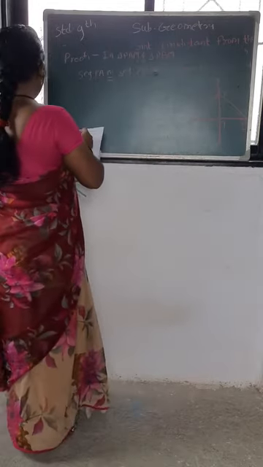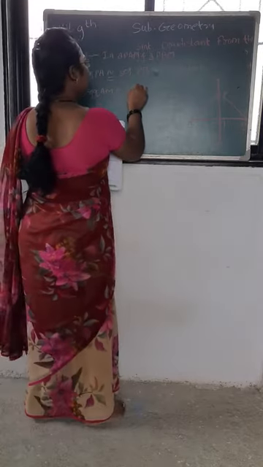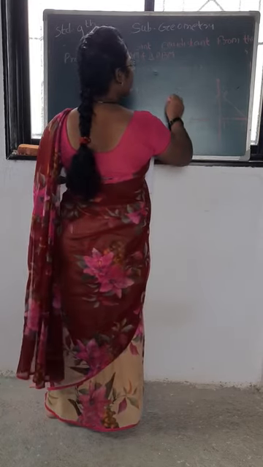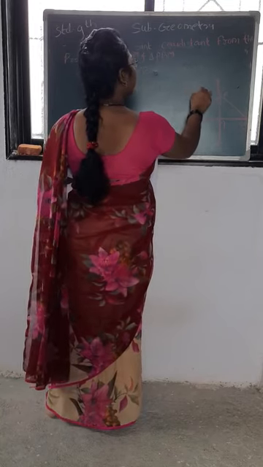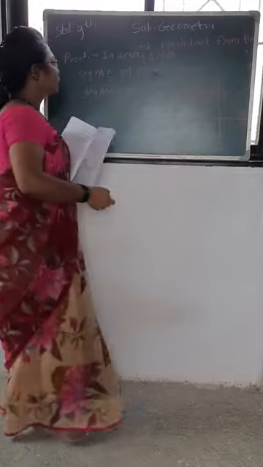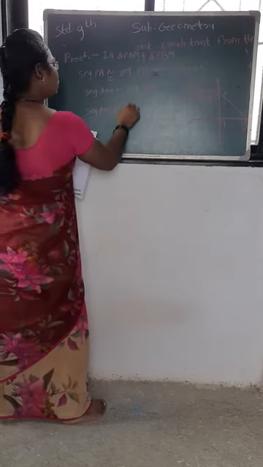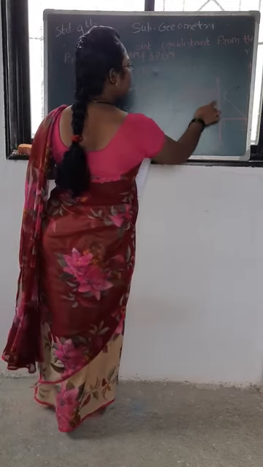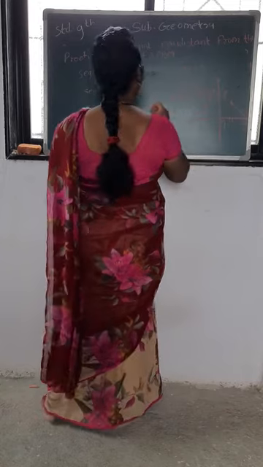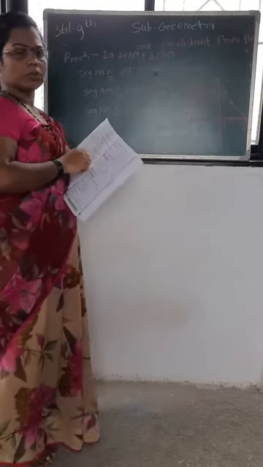Next, segment AM is congruent to segment BM, the reason is M is the midpoint. Next, segment PM is congruent to segment PM, common side of two triangles.